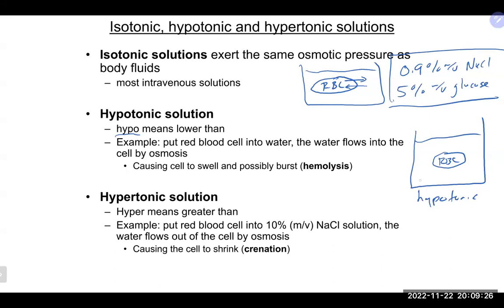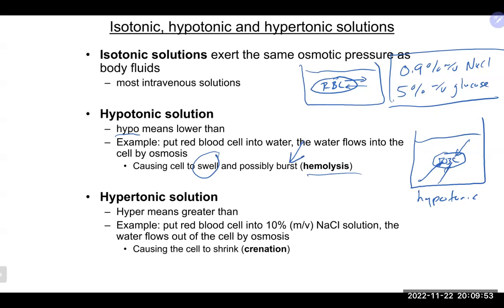Outside of the cell is less concentrated than inside the cell. That means the water outside is going to flow into the cell in an effort to dilute it through osmosis, going from a lower concentration to a higher concentration. And as was just demonstrated, that's going to cause the cell to swell and eventually burst, which is known as hemolysis, as everything rushes into the cell.